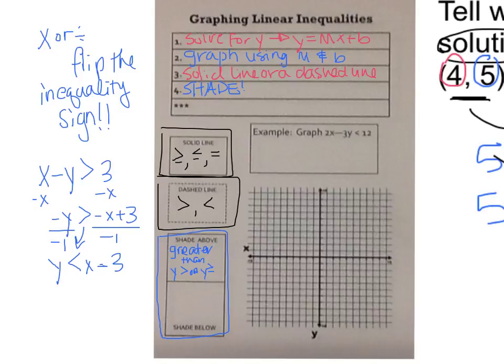You'd see those two things. If you needed to shade below, you would see a less than sign, and you would see y is less than, or y is less than or equal to. All right, and that's when you would shade below.